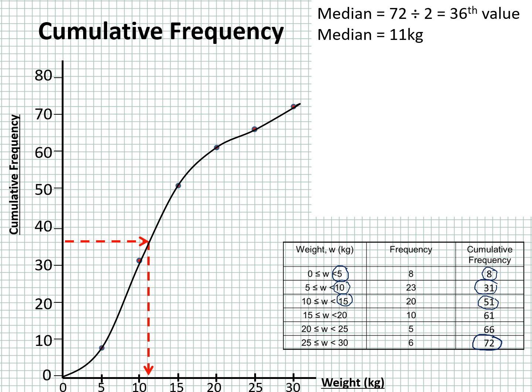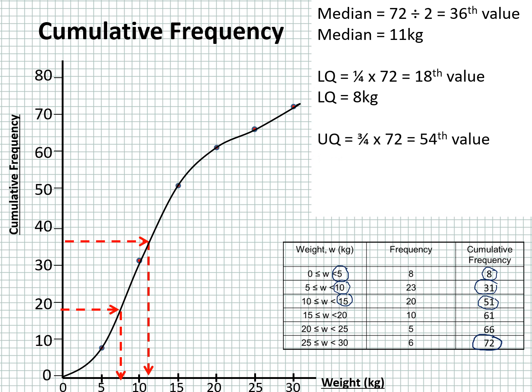If we look at the lower quartile, that is a quarter of the way up the data. So a quarter of 72, which is our total, is the 18th value. So if I draw a line across at 18 and I drop it down, and remember, draw these lines on so the examiner can see where you've read them from, then that reads off as 8 kilograms.